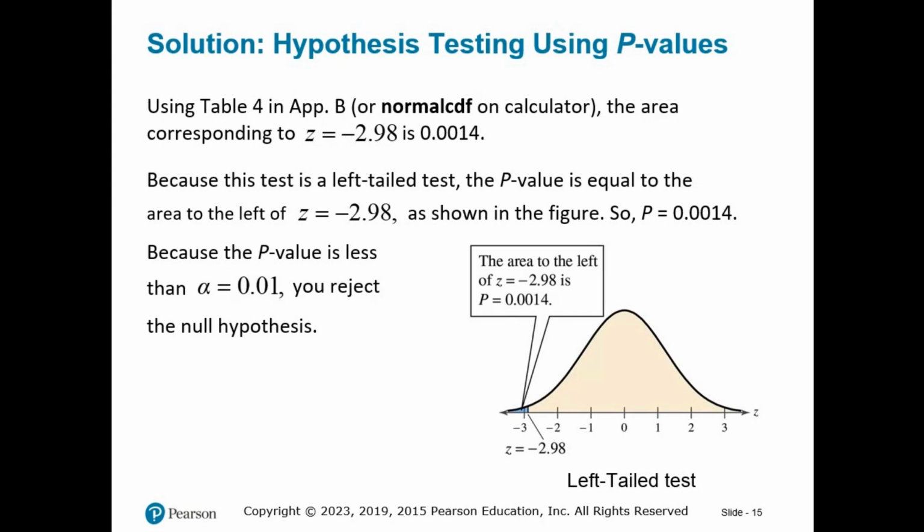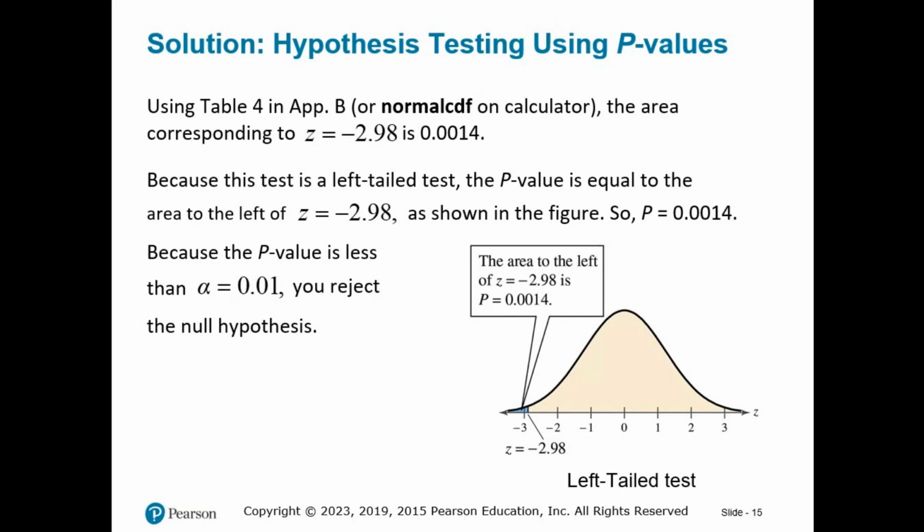Now we use the standard normal table or the normal CDF function on our calculator, using a large negative number as our lower bound and negative 2.98 as our upper bound to find our p-value, and you should get 0.0014. Now remember, the point of this was to compare our p-value to the level of significance, which was 0.01. So we compare 0.0014 to our level of significance.